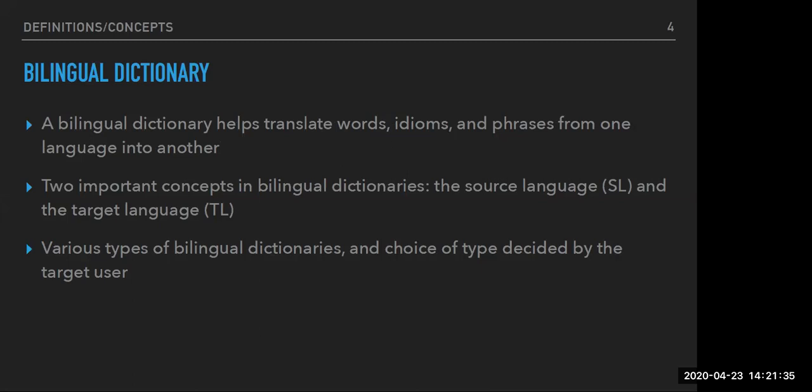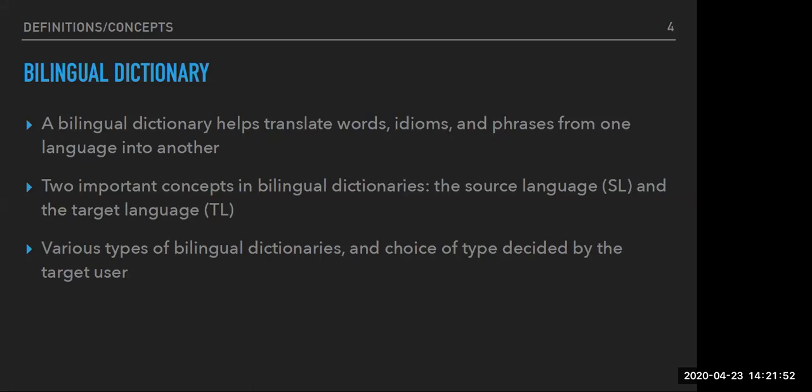So in bilingual dictionaries, there are two important concepts: the source language and the target language. If you have a Hindi-English dictionary, if it's titled in this way, it would mean that Hindi is the source language.